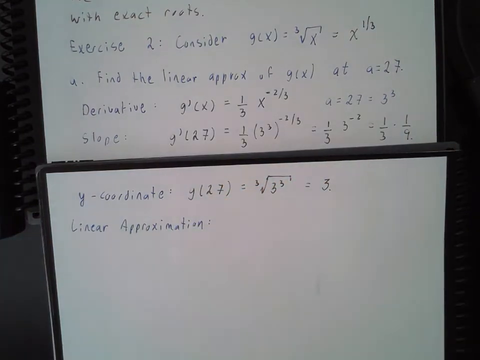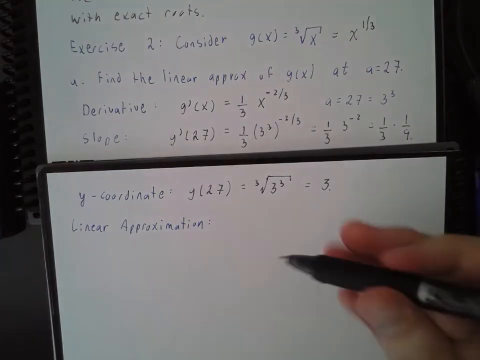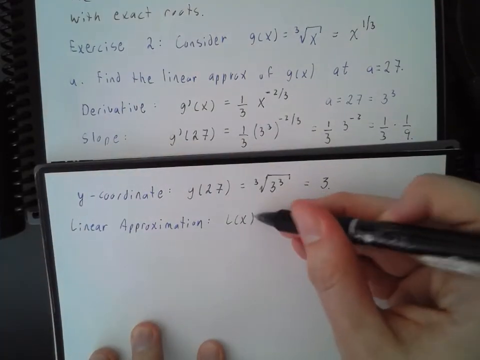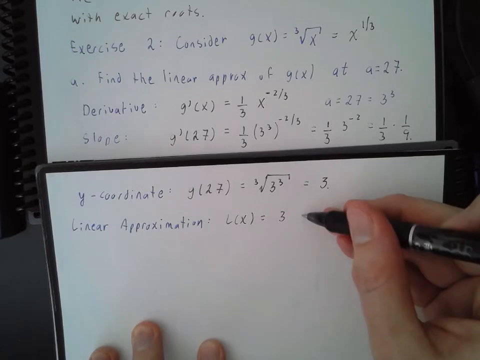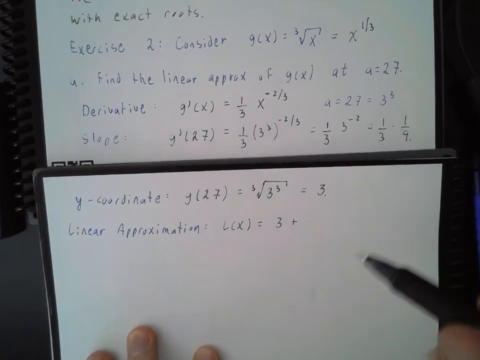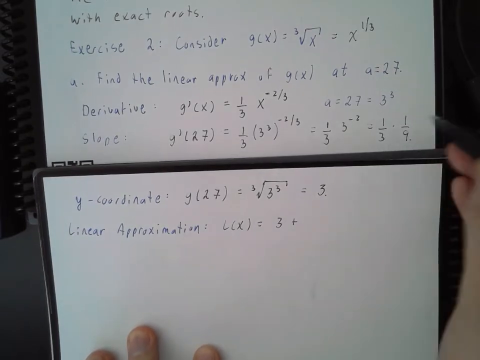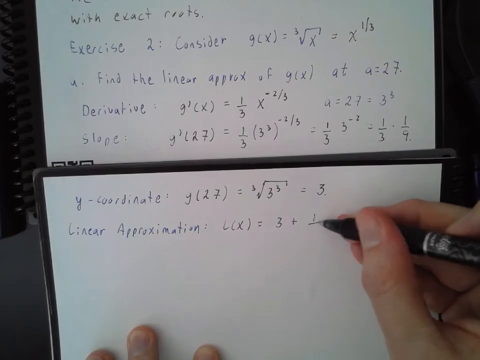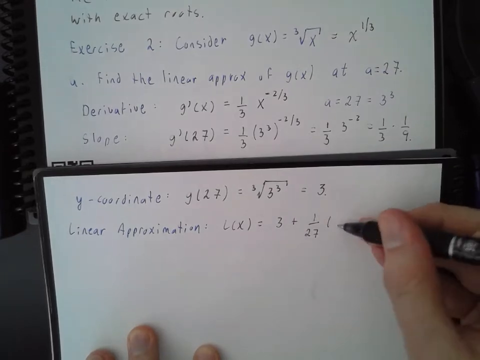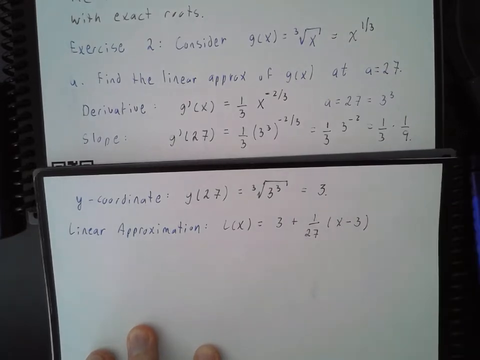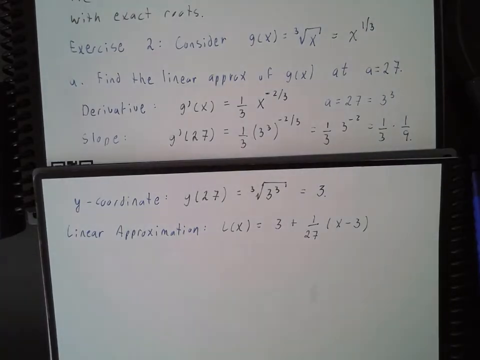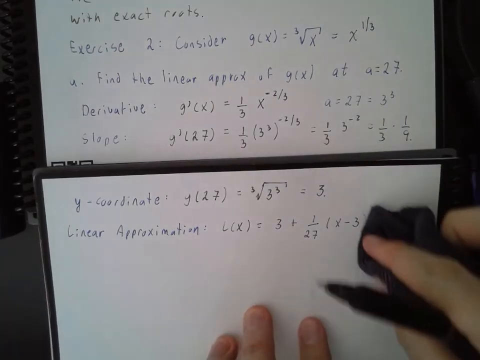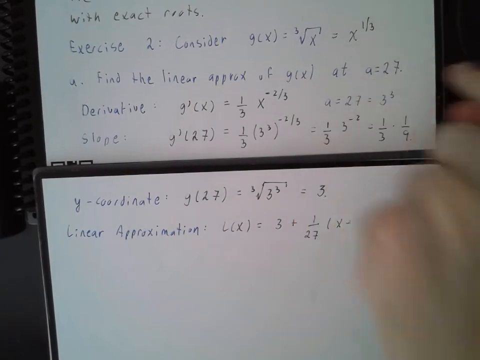So the linear approximation is going to be equal to the y coordinate 3 plus the slope of the tangent line, which is equal to 1/27 times x minus 27, I'm sorry, yeah, because you're doing the approximation at a equal to 27.